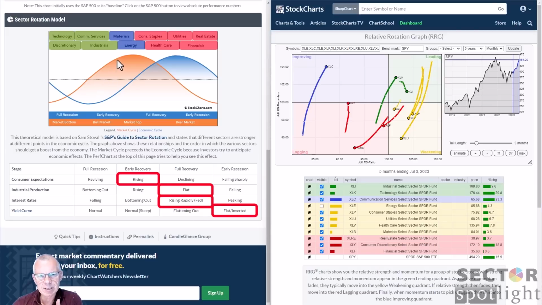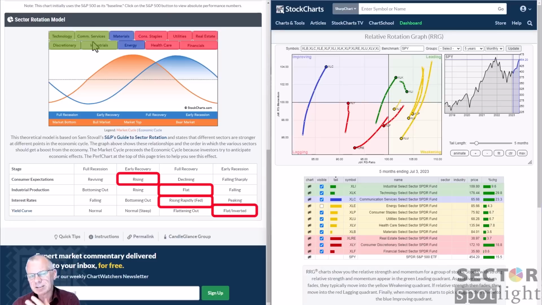I'm going to put that, pretty arbitrarily, but it's sort of an educated guess, especially based on the strength of those sectors that are usually doing well in a bull market, in an early recovery phase.